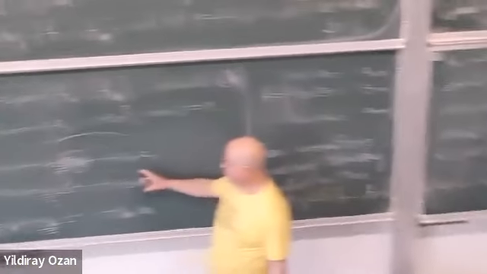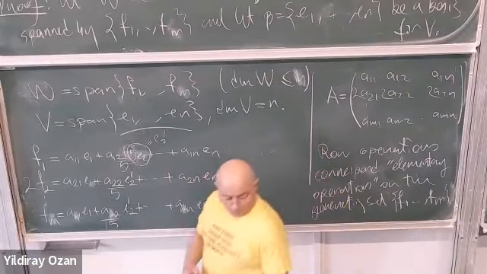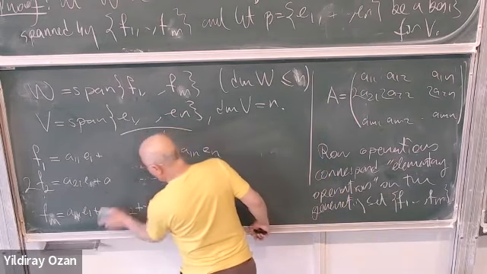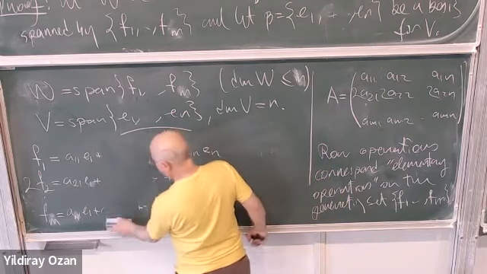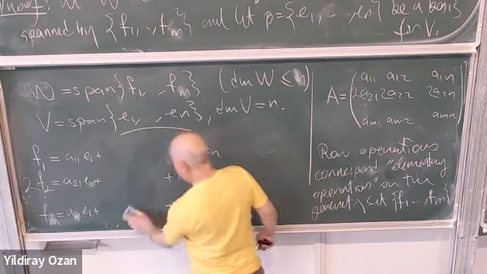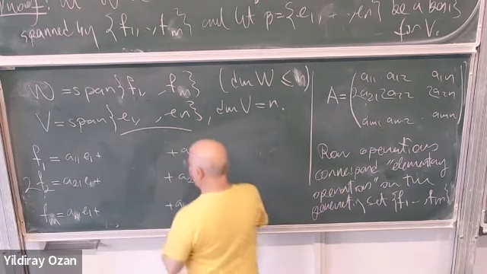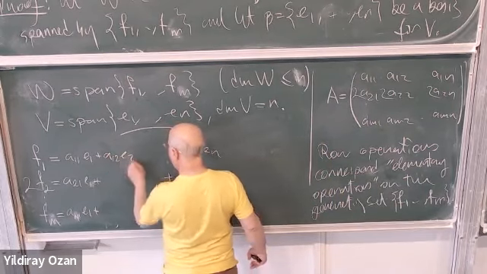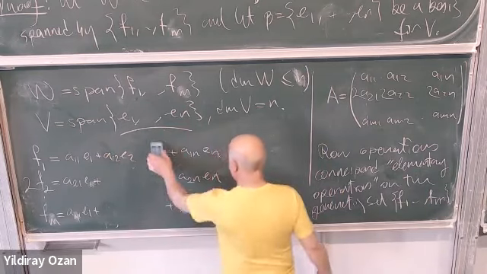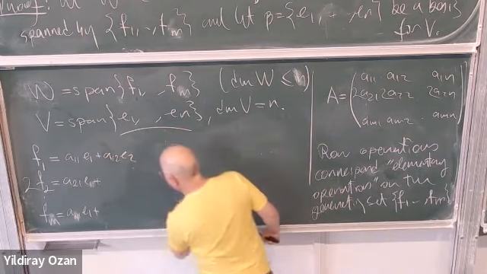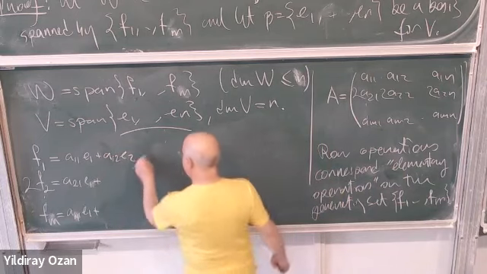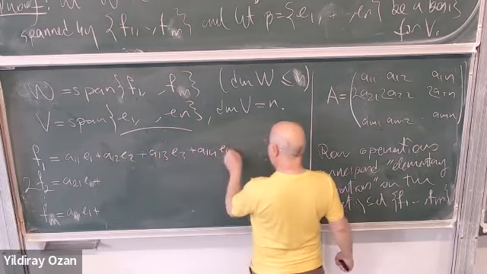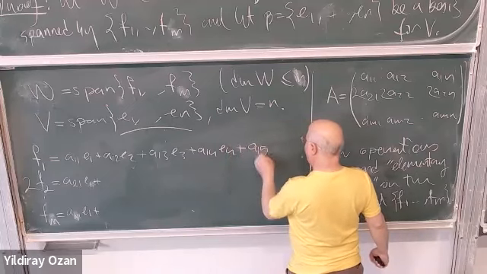If I interchange the second and the fourth basis vectors, here I have A1 to E2. A1 to E3, A14 E4, A15 E5.